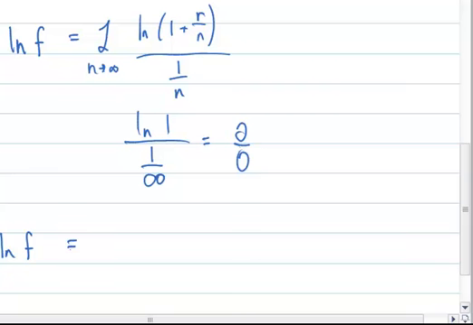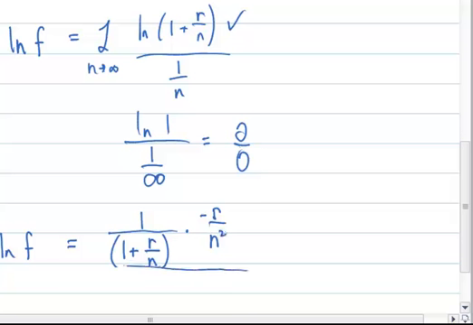to use L'Hopital's rule. L'Hopital's rule says to take the derivative of the top, which is 1 divided by 1 plus r over n. Don't forget the chain rule, negative r over n squared, divided by the derivative of the bottom, which is negative 1 over n squared.